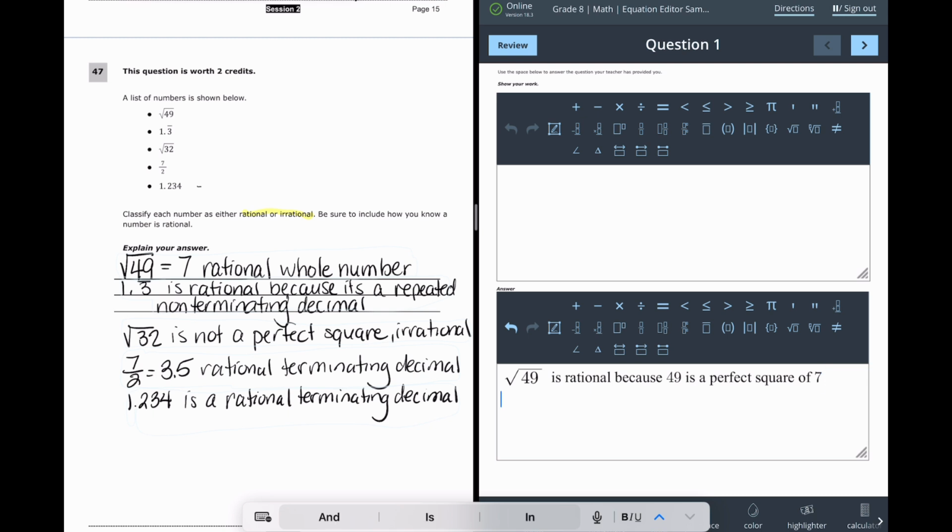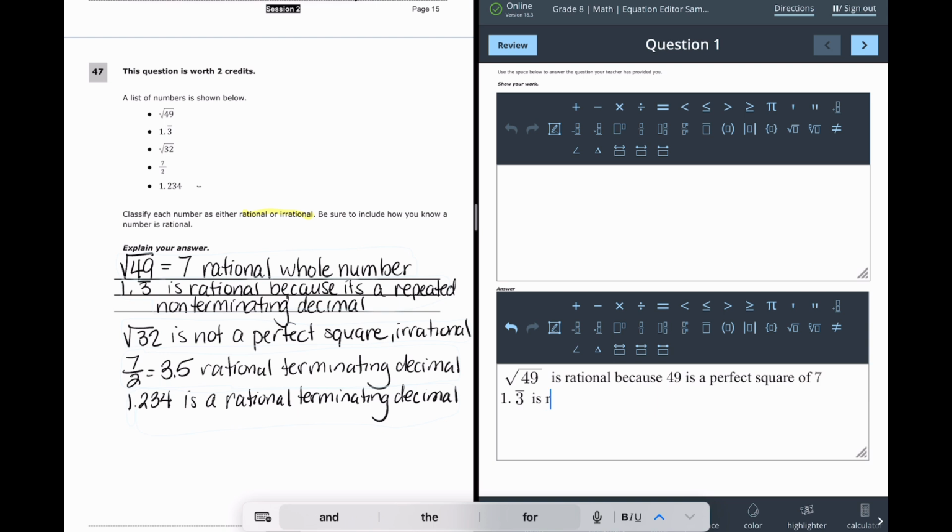Okay, let's do the next one. 1.3, and I'm going to use that nice little symbol, that little line part. Where are you? There you are. Just so I can type it in. Boom.